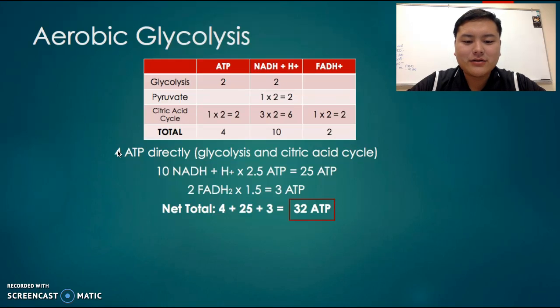And citric acid cycle, that's 4. And we have 10 NADHs. Multiply that by 2.5 ATP because NADH produces 2.5 ATP. We get 25. 2 FADHs, multiply that by 1.5. And that's 3. Add that together, we have 32 ATP produced in aerobic glycolysis.